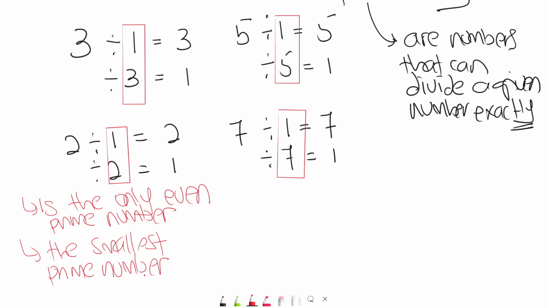Okay. Apart from 2, all other prime numbers are odd numbers.